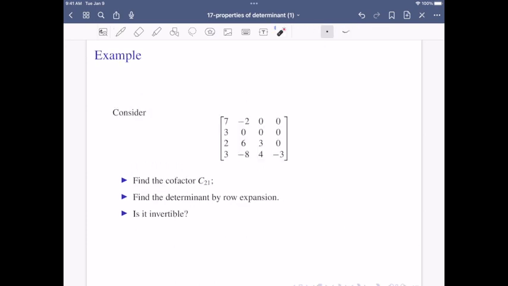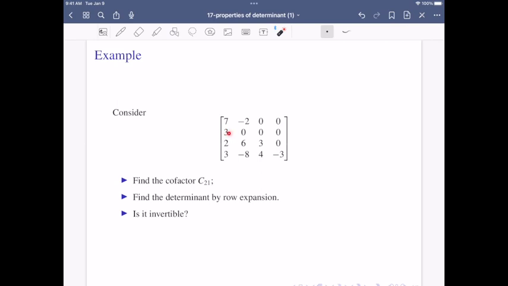Let's look at this example. Again, a 4 by 4 matrix, very similar to the previous example. If we use the definition to compute the determinant, then we have to screen the first row and formulate the expansion. But now, I'm going to identify another row which has the most zero entries.